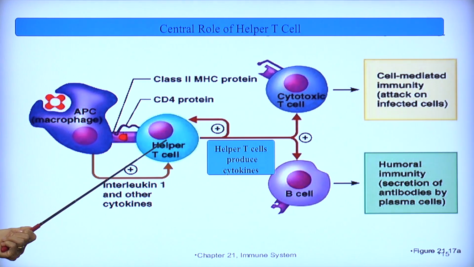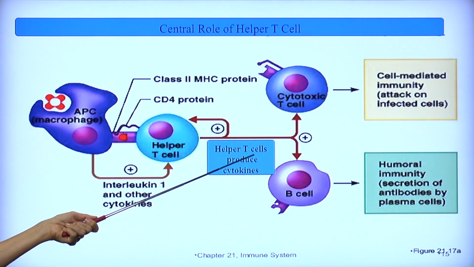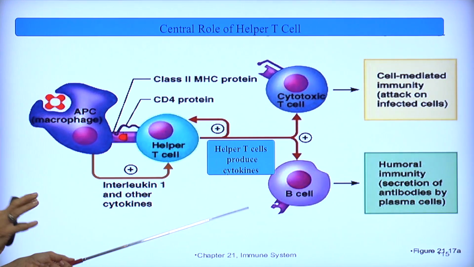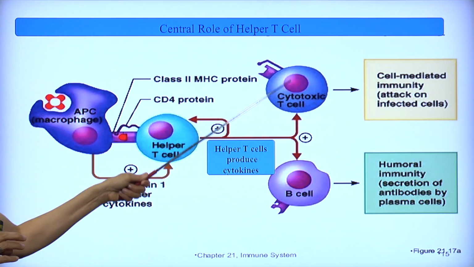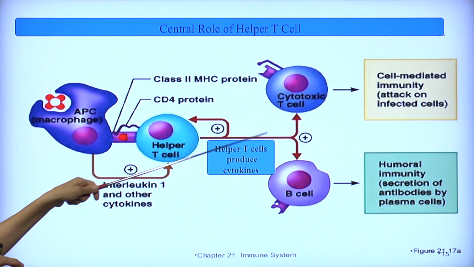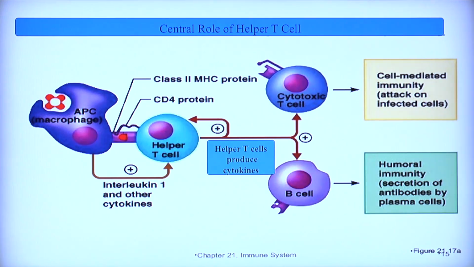When the helper T cell recognizes the antigen and becomes activated, it will secrete cytokines. They are signaling proteins. They will signal to the cytotoxic T cell and activate it. They will signal to the B cell and activate it.